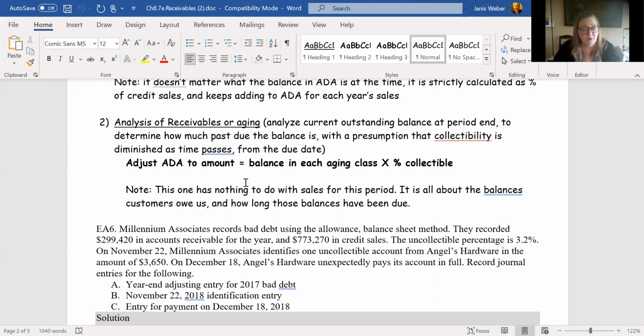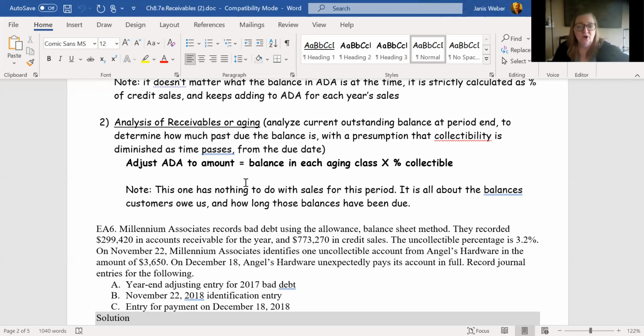But for our purposes in this class, they will give you the percentages that you're going to use. They will tell you how much of the accounts is deemed to be uncollectible. So you'll know what to adjust it to. So if you're using the balance sheet approach or this analysis of the receivables and aging, then you would adjust the ADA account from wherever it is. Whatever the balance is in there, you adjust it to a credit balance of whatever the amount is that you think is uncollectible.